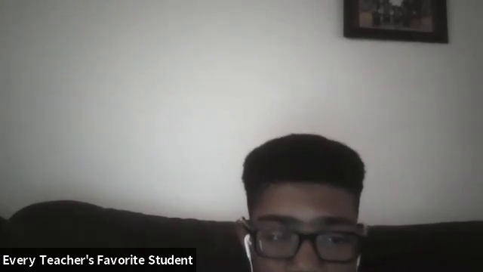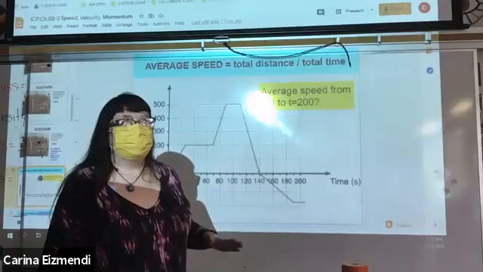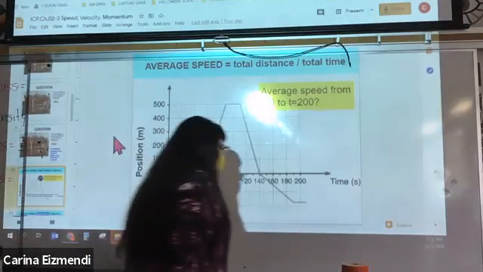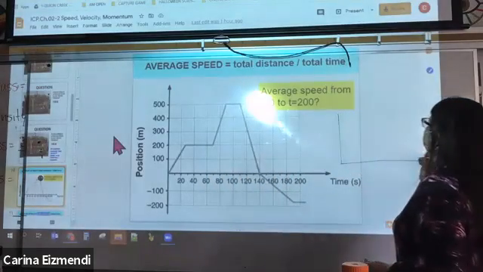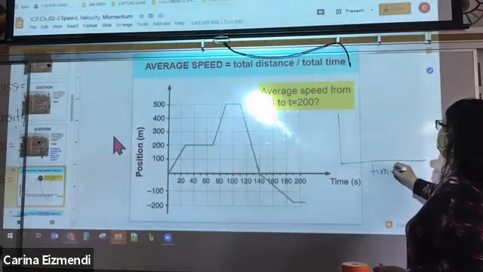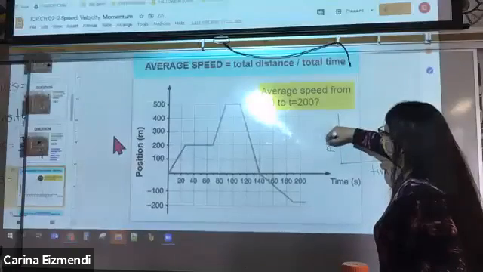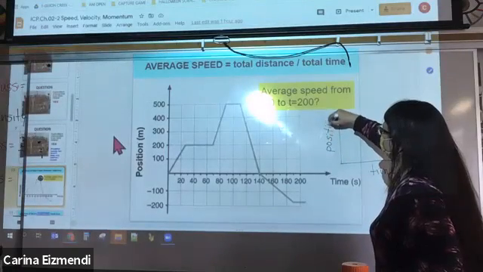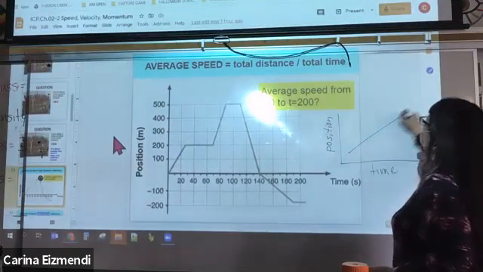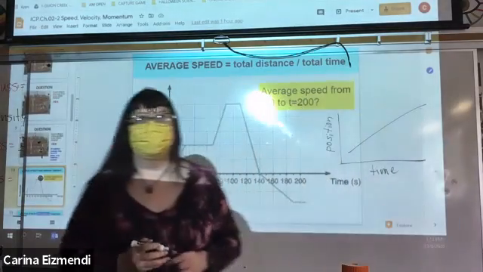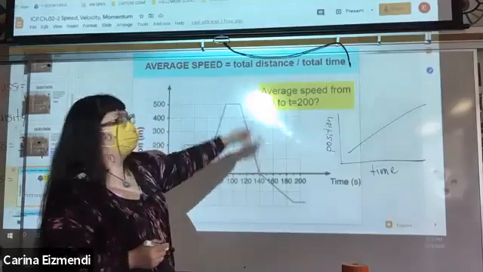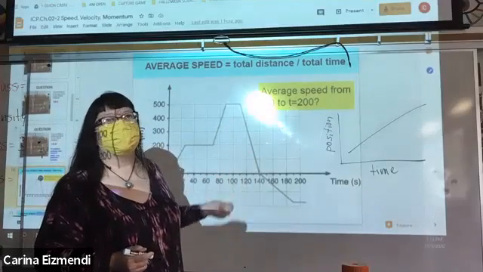So speed and average speed are not the same thing. They will be the same thing if your graph looks like this, if this is time and this is position. If it's just a straight line forever, they're going to be the same because your distance and your displacement are going to be the same.